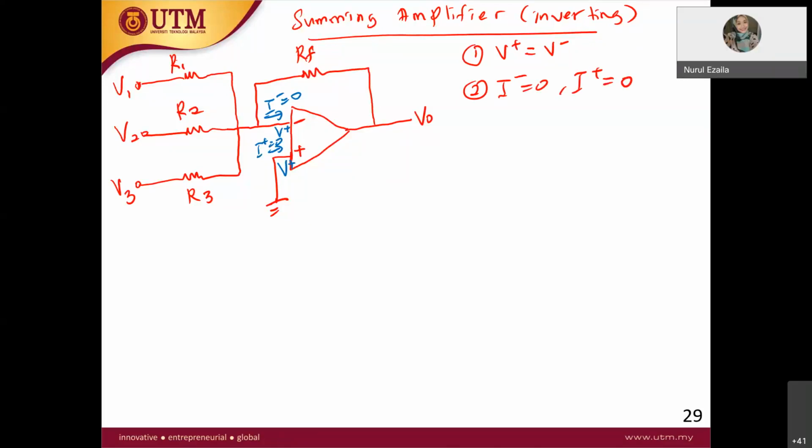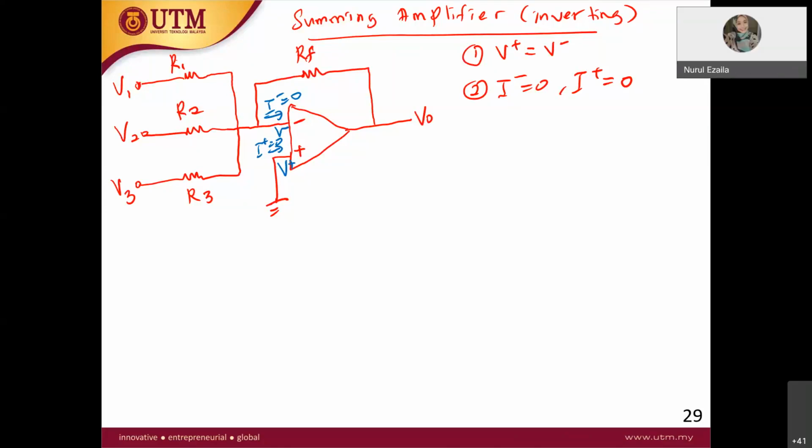In this case, V plus equals V minus equals what? 0. Yes, 0. Why?